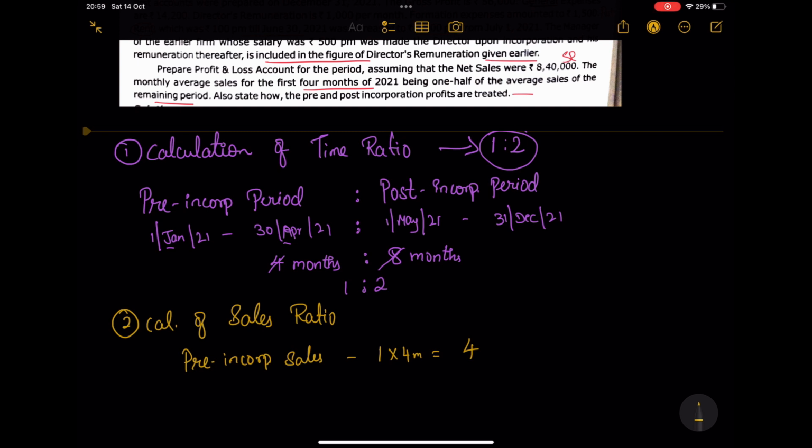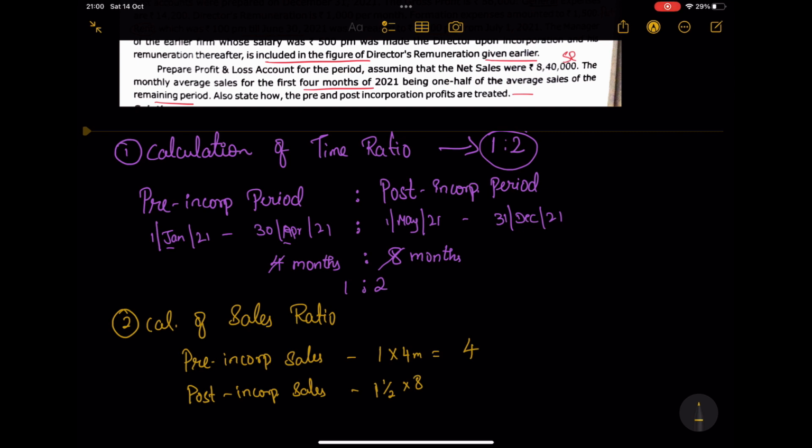Next, for post incorporation, what they have given, being one half of the average sales for remaining period, which means 1.5 into remaining period means 8, isn't it?